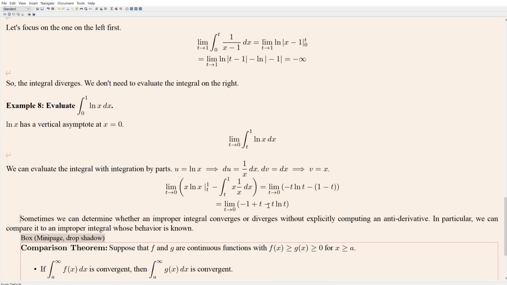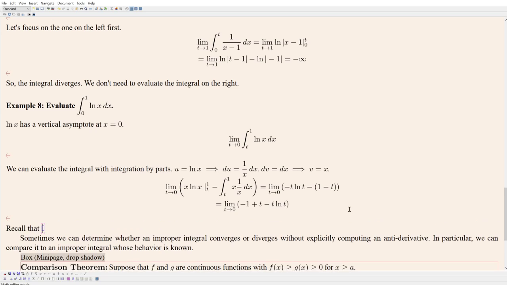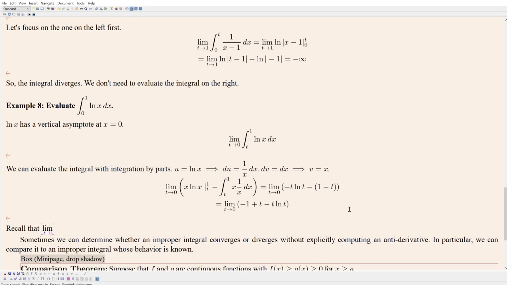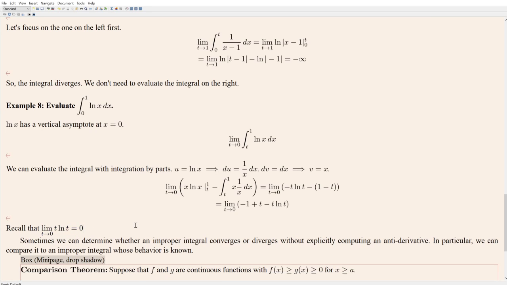But we've actually done this one already. We did this one in the previous section on L'Hopital's rule. So recall that this limit is in fact 0 by L'Hopital.